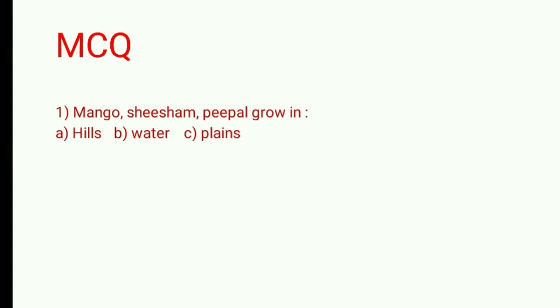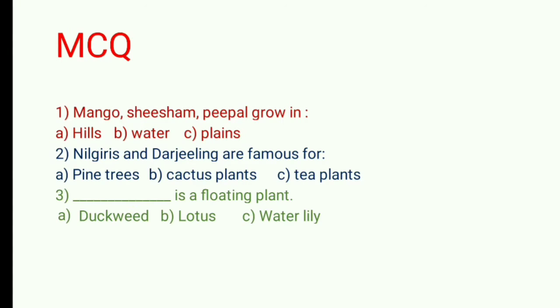So now let's start the MCQ. Your first MCQ: mango and shisham trees grow in which region? Hills, water, or plains? The answer is plains. Second, Nilgiris and Darjeeling are famous for pine trees, cactus plants, or tea plant.